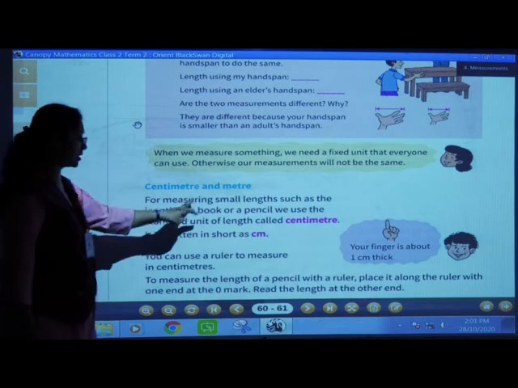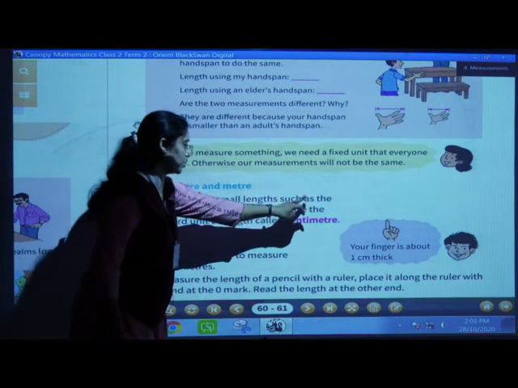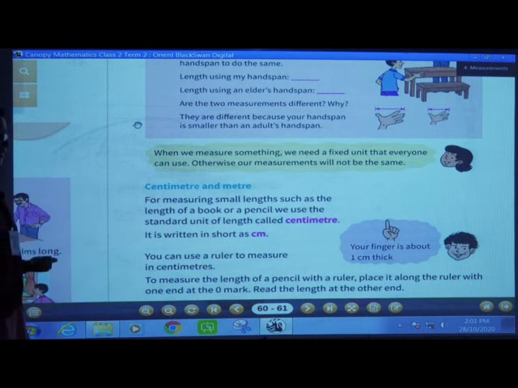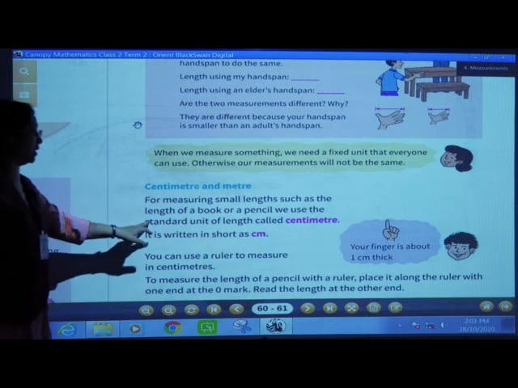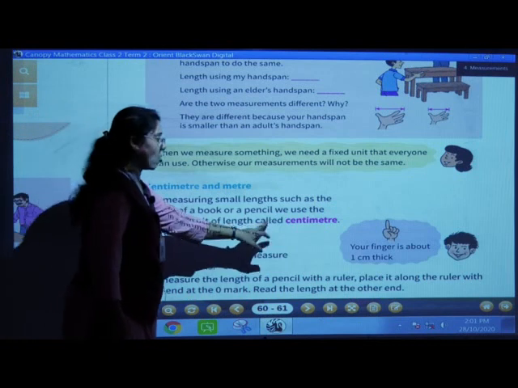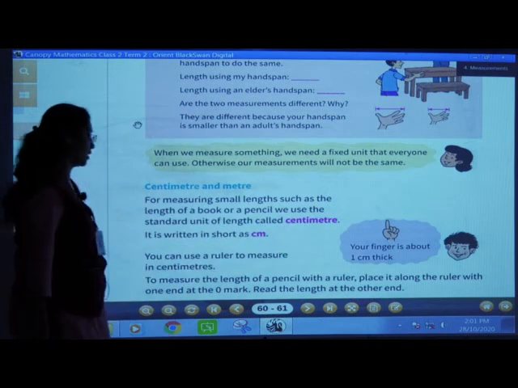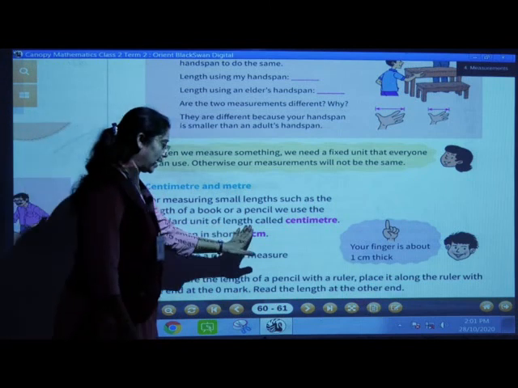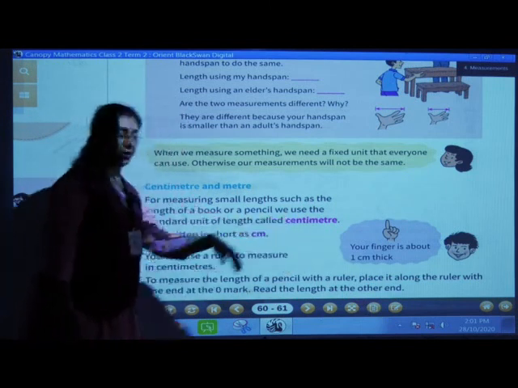For measuring small lengths such as the length of a book or a pencil, or we can use a compass box, we use the standard unit of length called centimeter.